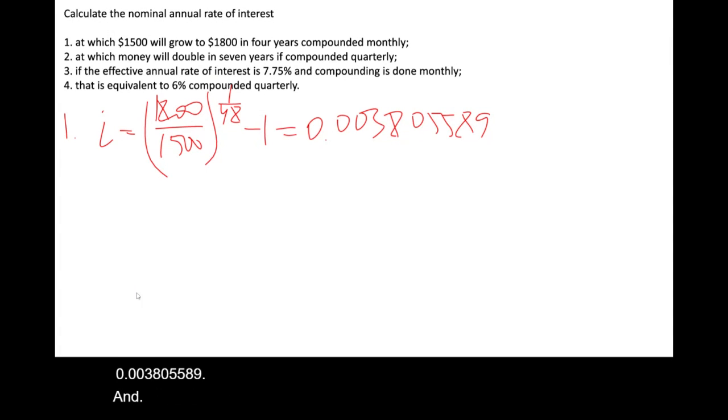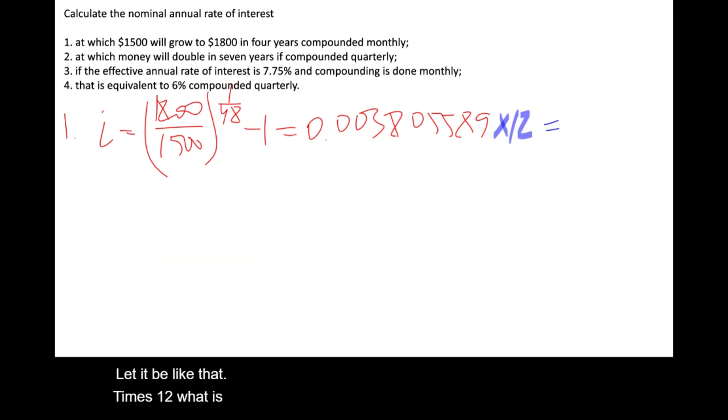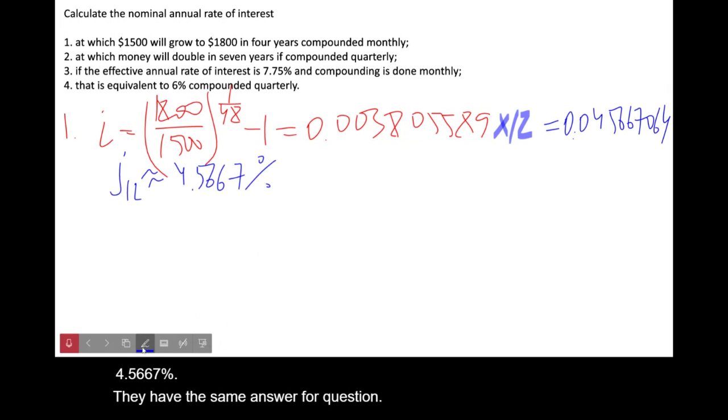And as a final step, we need to times 12. Times 12. What is it? 0.045667064. So J12 approximately 4.5667%. They have the same answer for question 1, guys.